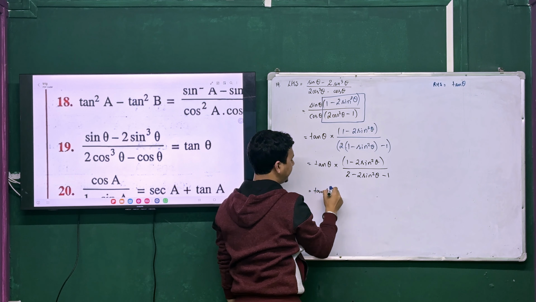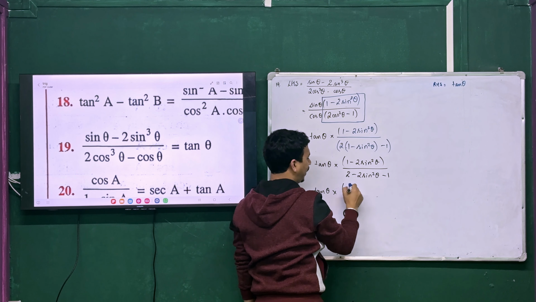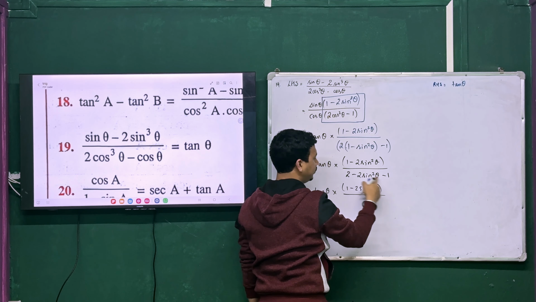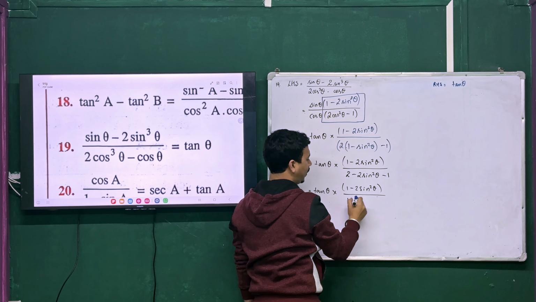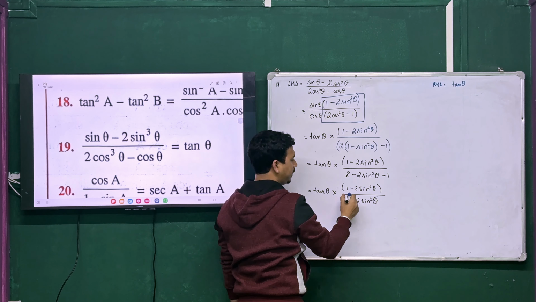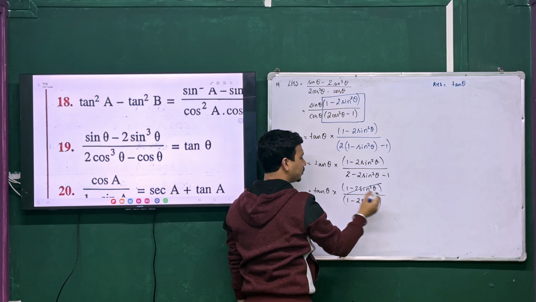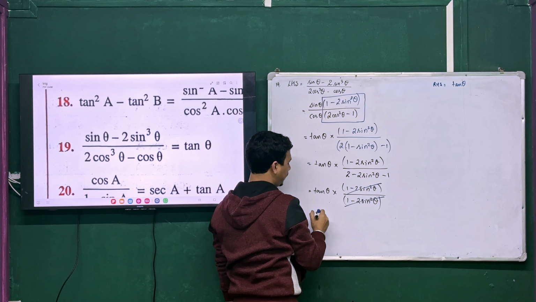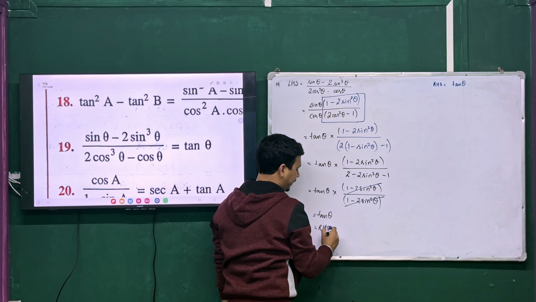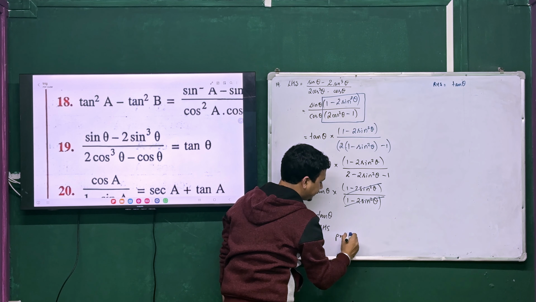So then we will have tan theta, and this is 1 minus 2 sine square theta, since 2 minus 1 is 1. Then we can cancel this whole thing and this whole thing because they are alike. So you're left with just tan theta, which is the right hand side. Proved.